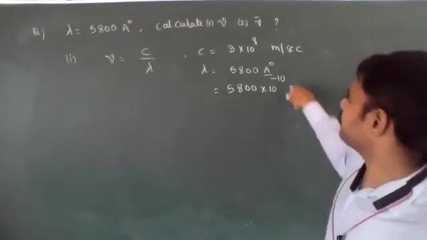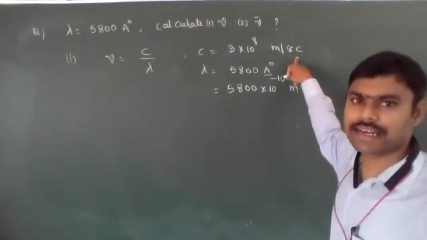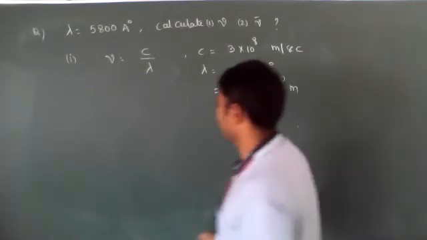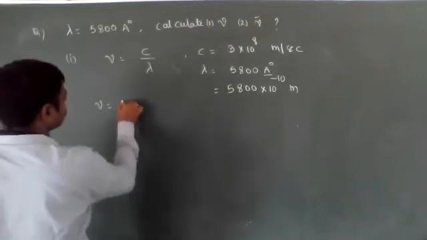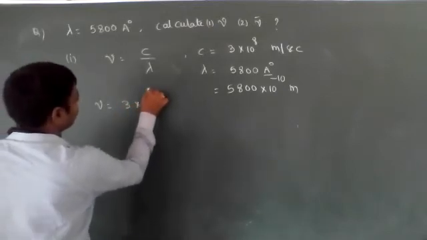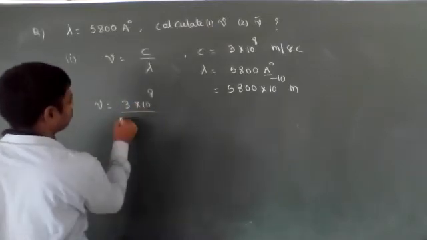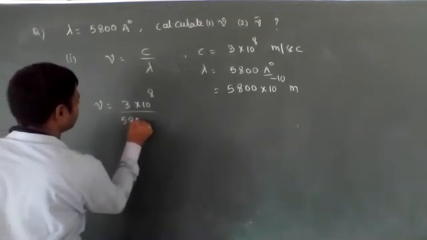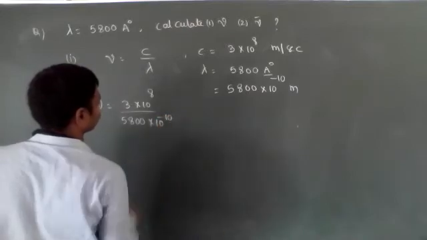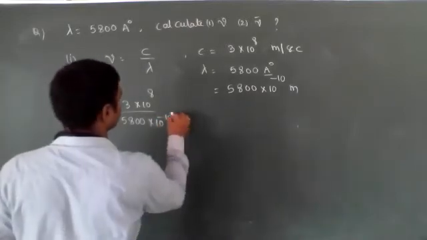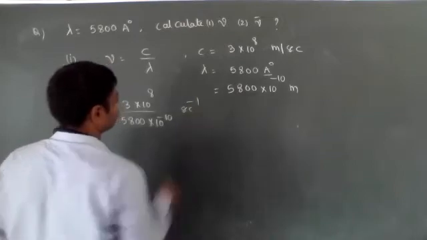Now the meter will cancel, and the units will come in second inverse or hertz. Then nu is equal to 3 into 10 to the power of 8 by 5800 into 10 to the power of minus 10 second inverse.